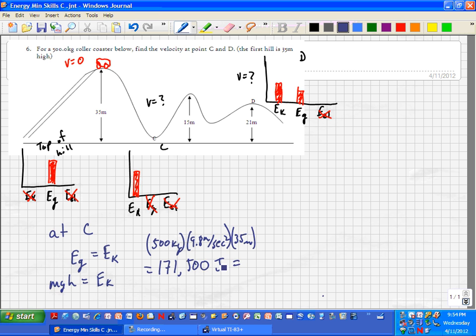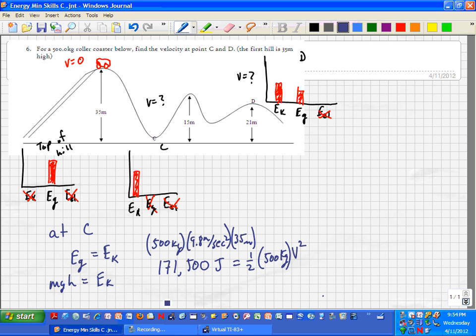That's going to be equal to Ek at point C. So that's going to be equal to 1/2 times the mass, which is 500 kilograms, times v squared.